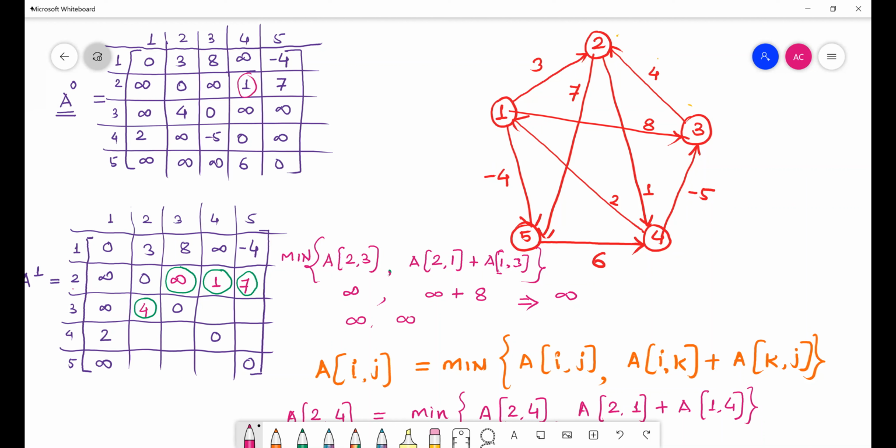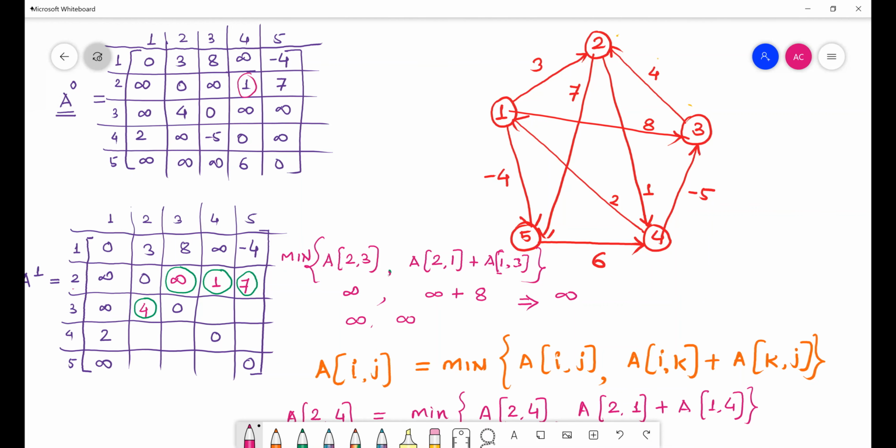Then we will use A2 to calculate A3, A3 to calculate A4, and A4 to calculate A5. What you get in A5 will be your final solution, and that final solution will tell you the shortest path among all the pairs of nodes. Yes, sir, got it.